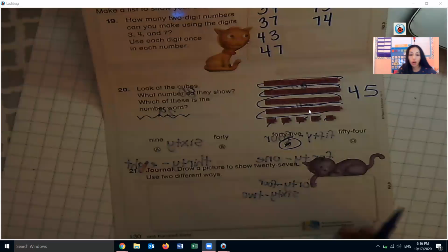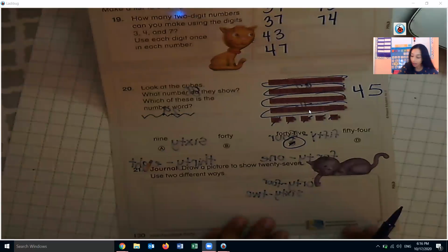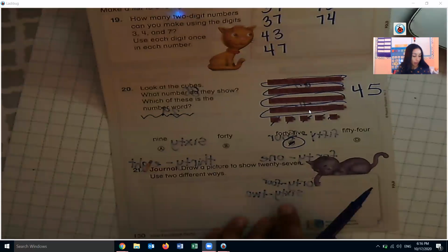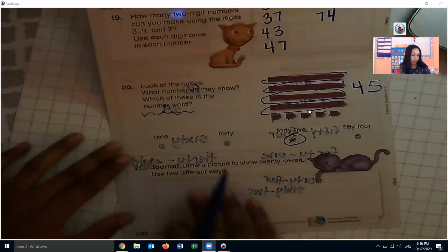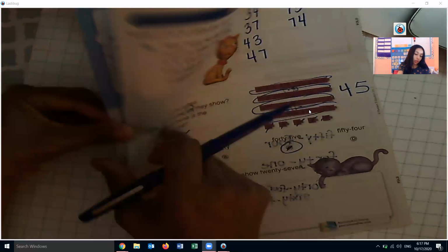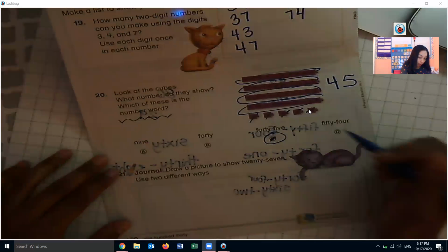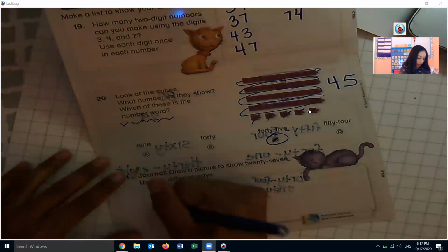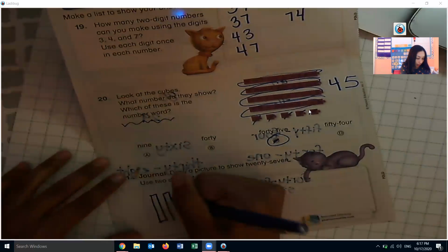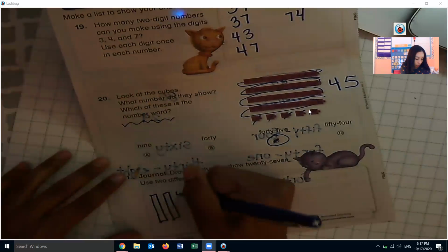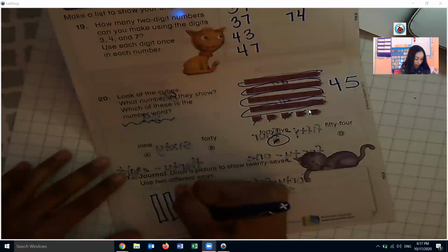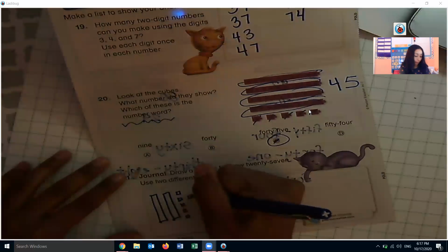The last one says, draw a picture to show 27. Use 2 different ways. So we had a problem like this yesterday, pretty similar. So I'm going to do it using maybe Unifix cubes first. So this is the number 27. I'm going to go 10, 20, 1, 2, 3, 4, 5, 6, 7.